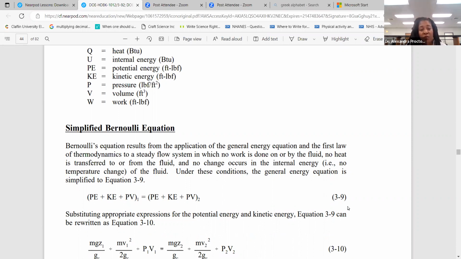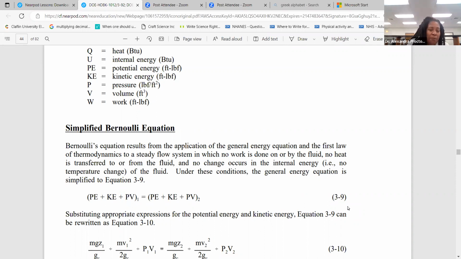No heat is transferred to or from the fluid, and no change occurs in the internal energy, i.e. no temperature change of the fluid. So under these conditions, the general energy equation is simplified to equation 3.9, where PE plus KE plus PV1 is equal to PE plus KE plus PV2.